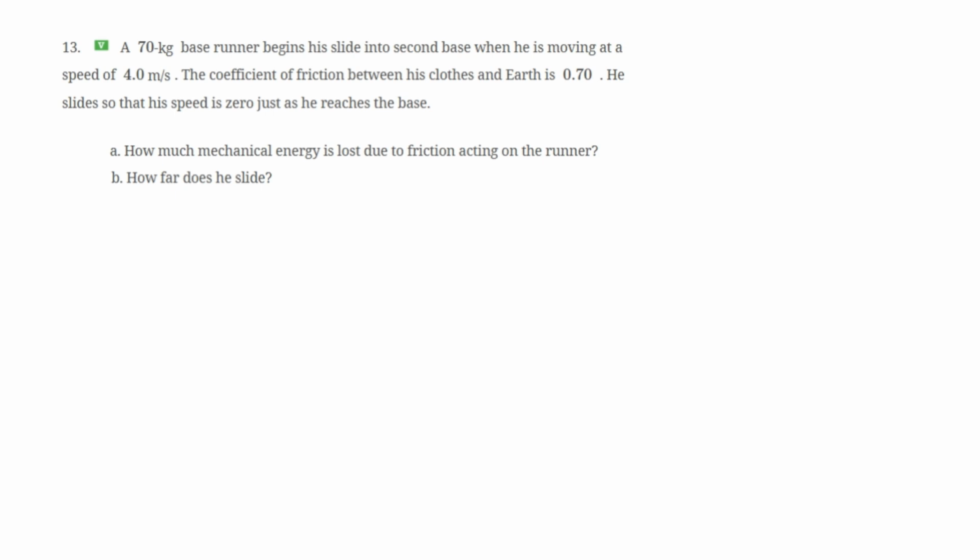So, let's see the problem. We have basically here this base runner. This is the ground, the field where they play baseball. Here is the base. That is the ultimate goal of the base runner, to reach the base. And then the base runner starts sliding here.